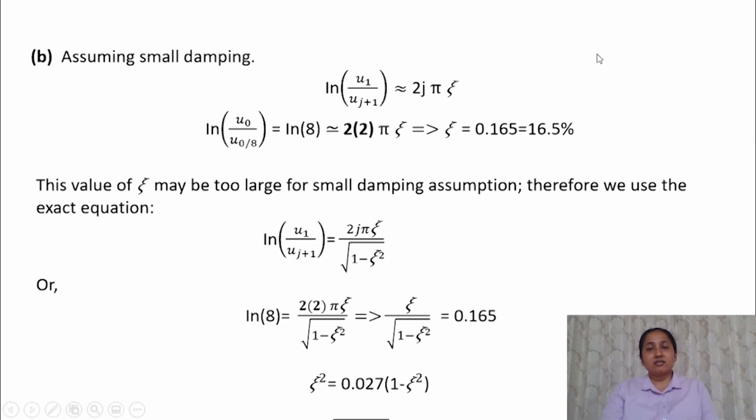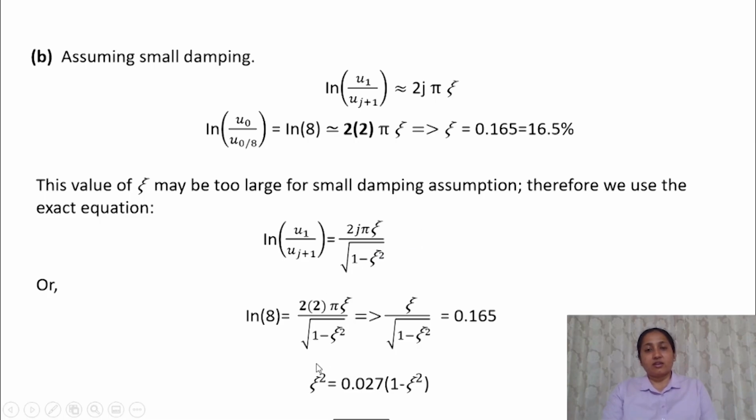16.5%. So that is very high damping. Since this damping is very high, we cannot make this assumption as the damping is small. So now we will recalculate the value of zeta using the exact expression for logarithmic decrement, that is 2 j pi zeta divided by square root of 1 minus zeta square.